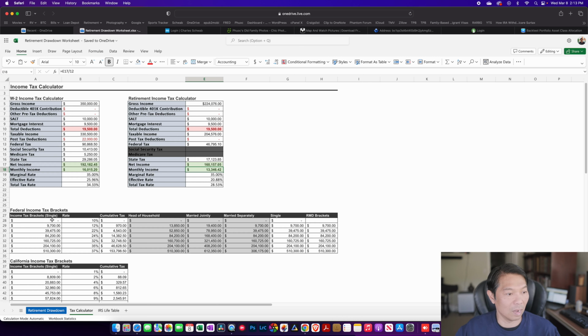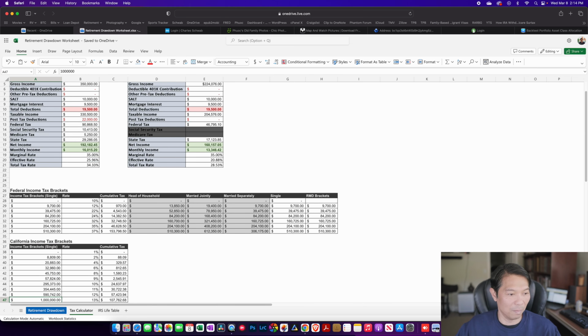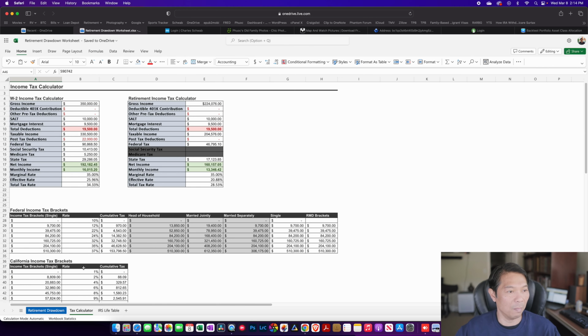This is based on the single tax bracket. So if you're going to do married filing jointly, just replace the values in here with the appropriate amounts from the IRS website. For the state, I'm from San Diego, so this is reflecting California, but you can go down here and replace it with your state income tax brackets as well, and then it'll do the math correctly.